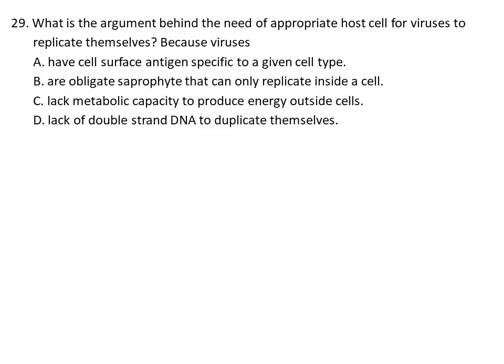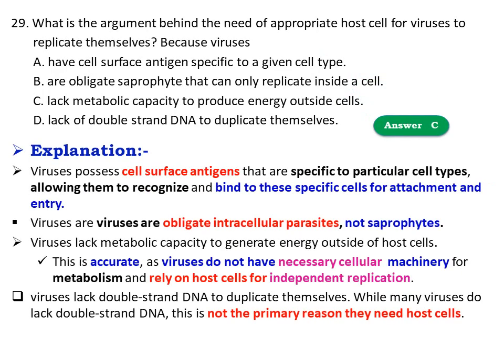Question number 29. What is the argument behind the need of an appropriate host cell for a virus to replicate itself? So the answer will be C, viruses lack metabolic capacity to produce energy outside the cell. Viruses possess cell surface antigens that bind specifically to particular cell types, allowing them to recognize and bind to the specific cell for attachment and entry.